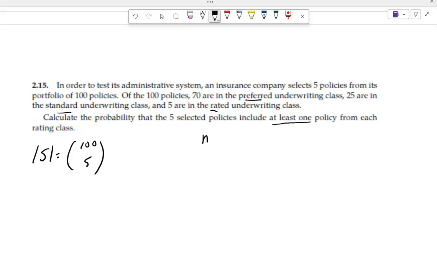So what if we said there were none from the preferred? Guarantee that there are none from the preferred. How can you guarantee that there are none from the preferred? You 30 choose 5, right?